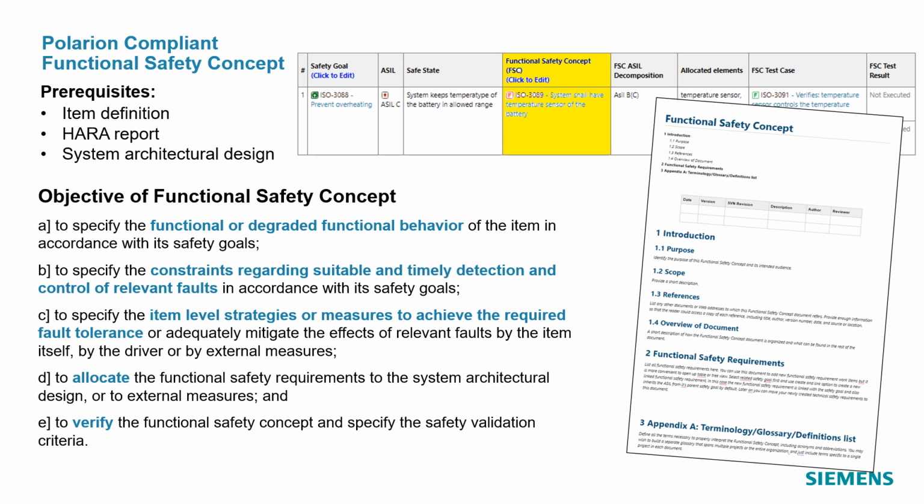We also will have to list the constraints regarding what is suitable time detection for controlling the relevant failures or faults according to the safety goals, the item level strategies or measures to achieve the required fault tolerance, and any allocation of the functional requirements to any of the system architecture design or external measures. And then along we will have to provide how we will verify the functional safety concept and specify those safety validation criteria.